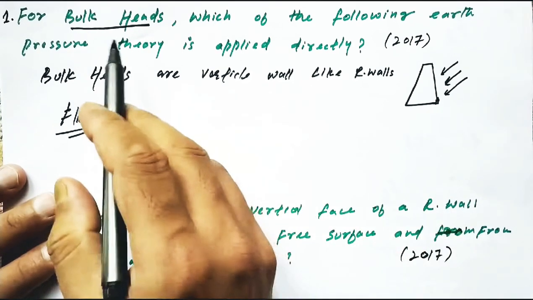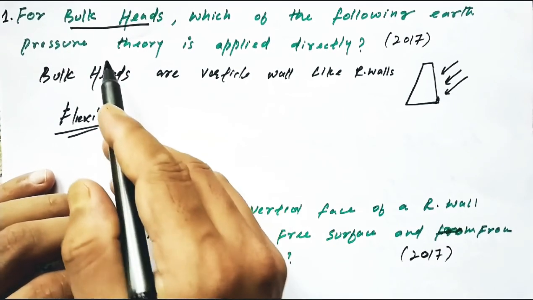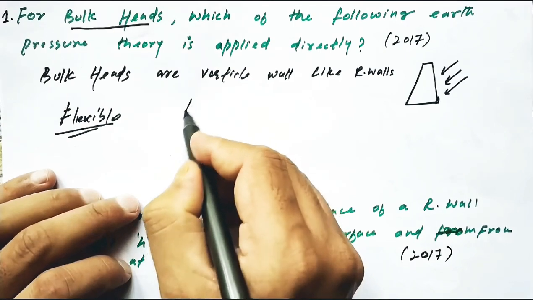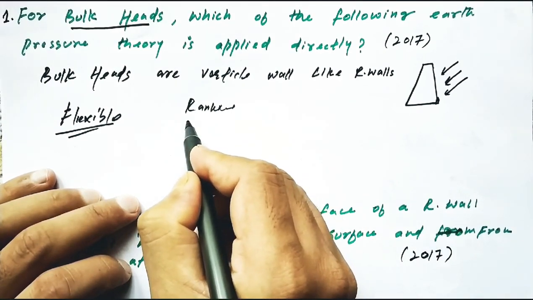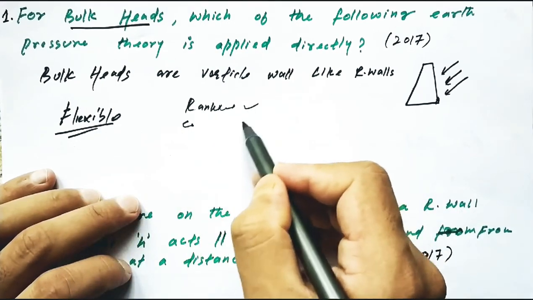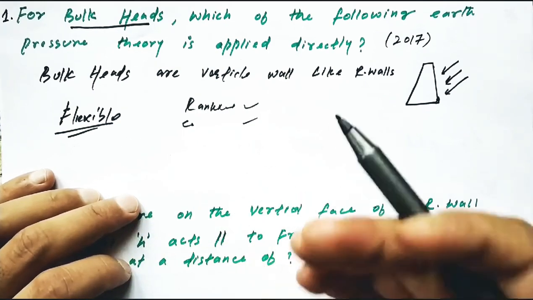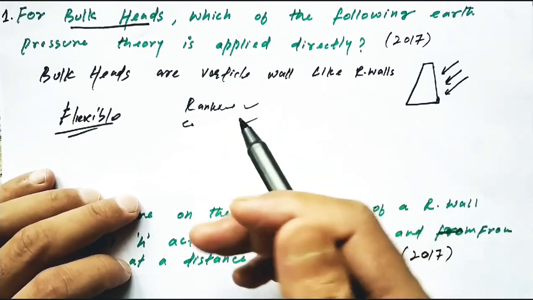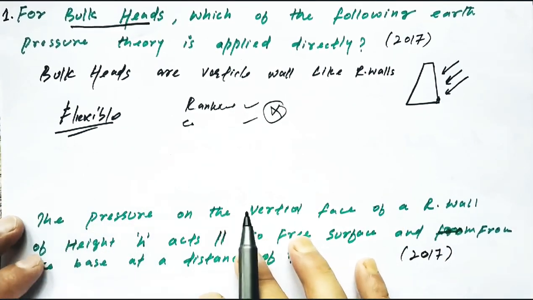So they are similar to retaining walls, but flexible. The earth pressure theories like Rankine theory and Coulomb's theory are not applied here because they are applied only for rigid structures, but a bulkhead is a vertical wall which is flexible. So these theories cannot be applied. The correct option is D, none of the above.